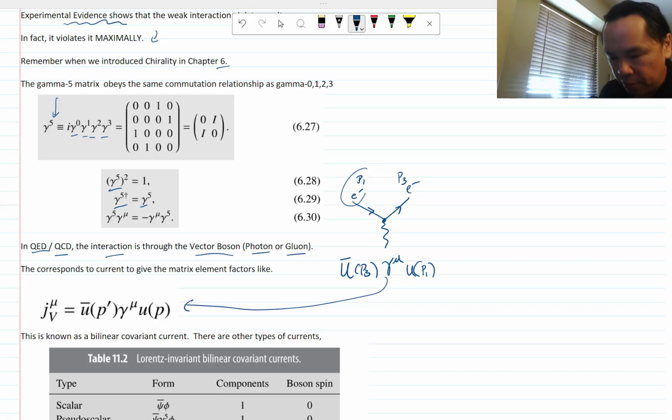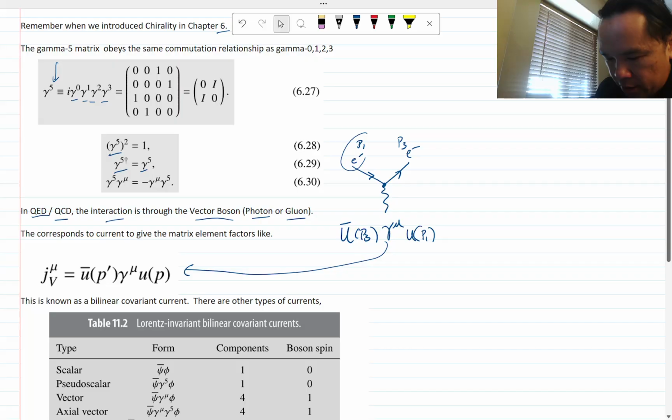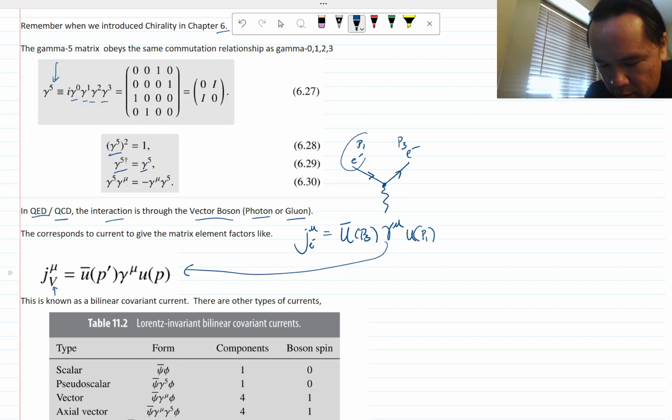This is known as a vector coupling current, which we represent as J mu in general, for this case the electron. We're going to denote this with a capital V on the bottom to denote that this is a vector coupling, for the photon and the gluon.